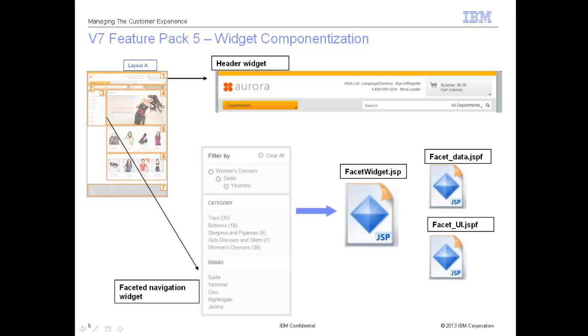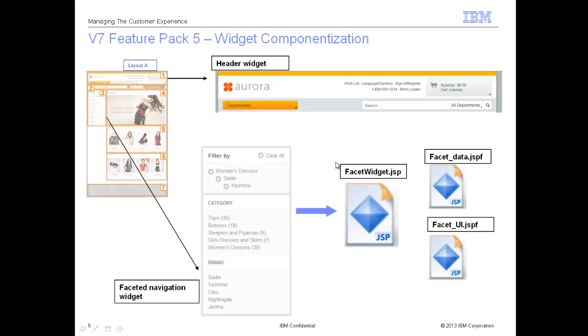Slot 4 could be a content recommendation widget, slot 5 here could be a category recommendation widget, and slot 6 could be a product recommendation widget. So you can see that we broke down all our pages into the different widgets that are used to build up that page.